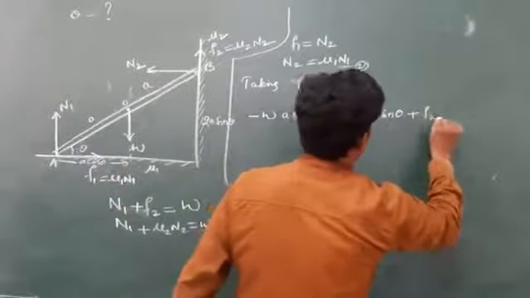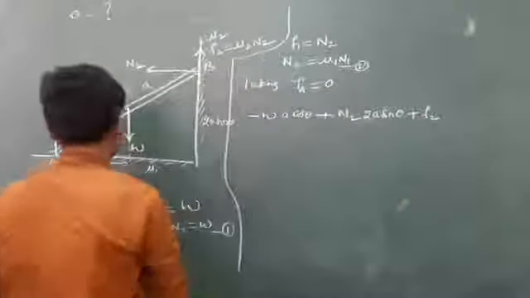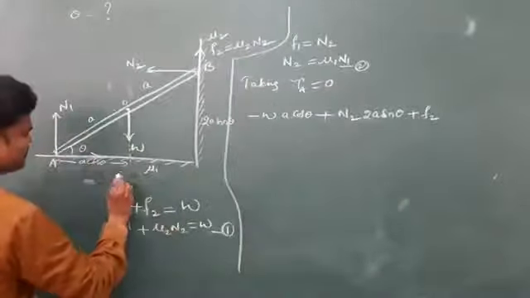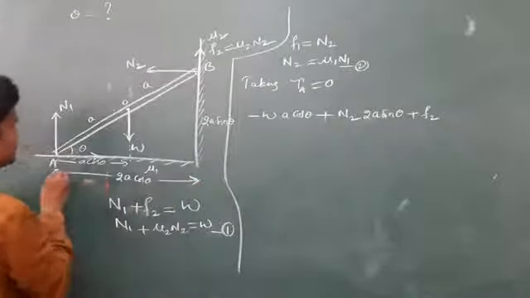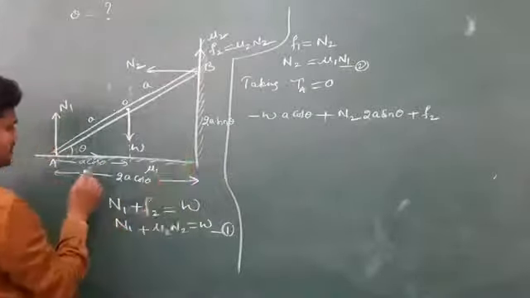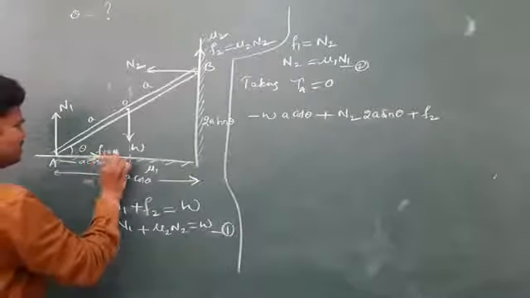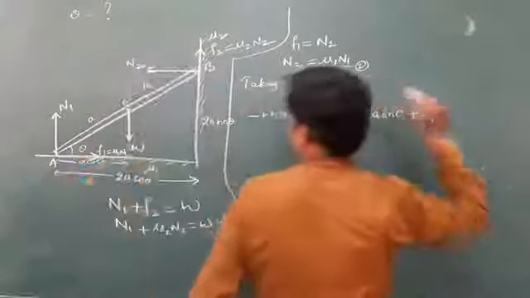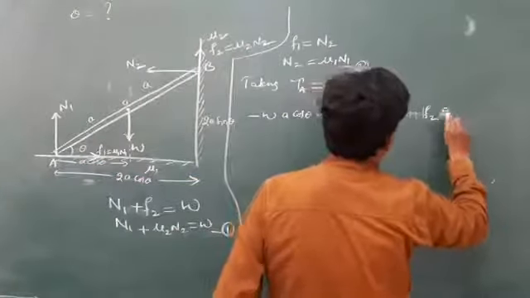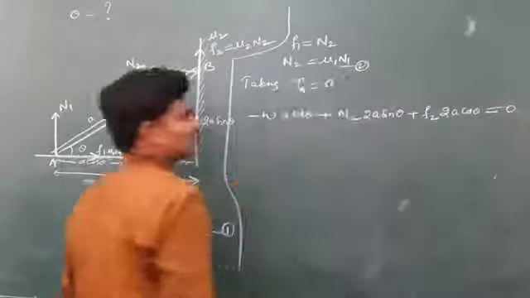So F2 from here to here, now the perpendicular distance for F2 is 2A cos theta. Of course, this is the frictional force F1, mu1 N1. So F2 perpendicular distance 2A cos theta, which is equal to 0.